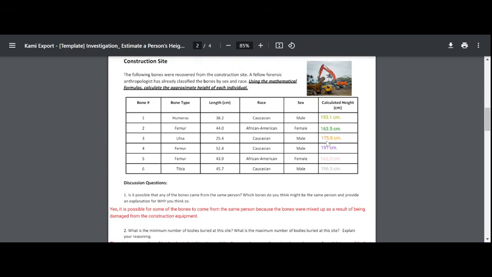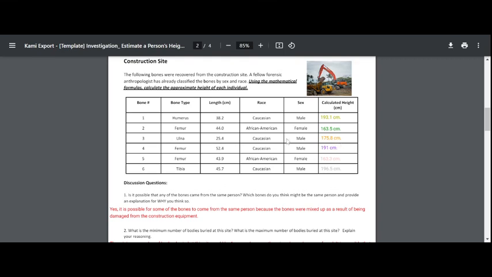Okay, so the calculated height for bone number 3, the bone type is the ulna. The length of the ulna is 25.4 centimeters. The race is Caucasian. The sex is male. And the calculated height is 175.8 centimeters.